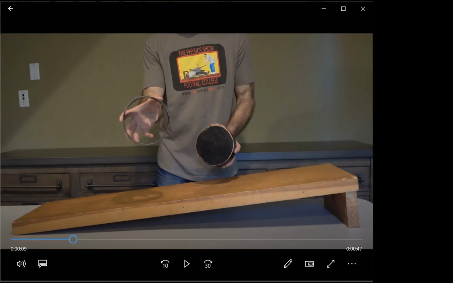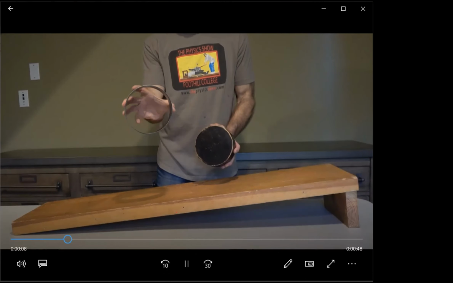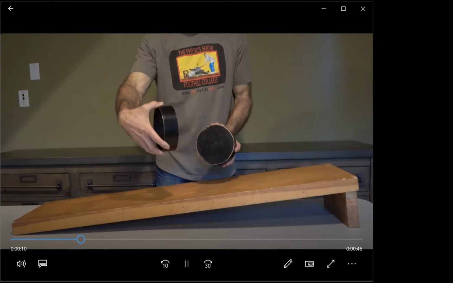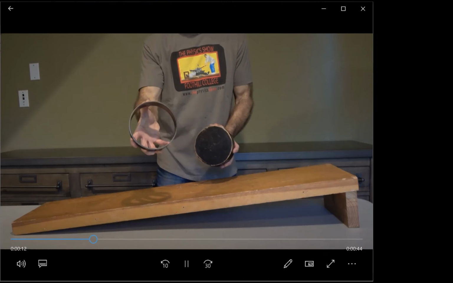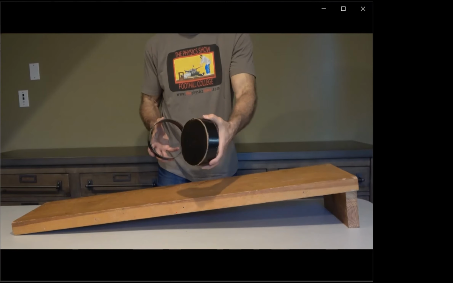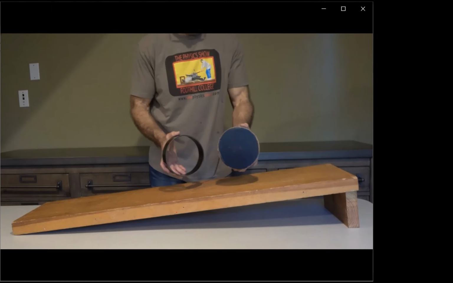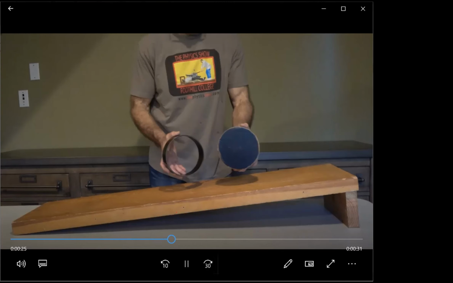Now here we've got this situation. The hoop has all of its mass concentrated at its rim. It has the same mass and radius as this solid disk, but the solid disk's mass is uniformly distributed throughout the volume. Pause the video and predict which one has the greater rotational inertia.